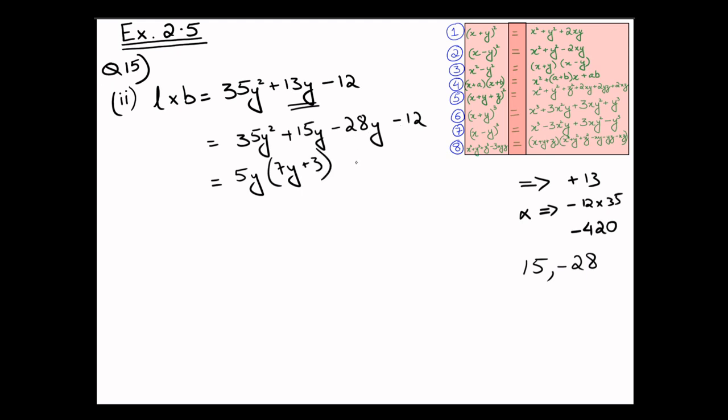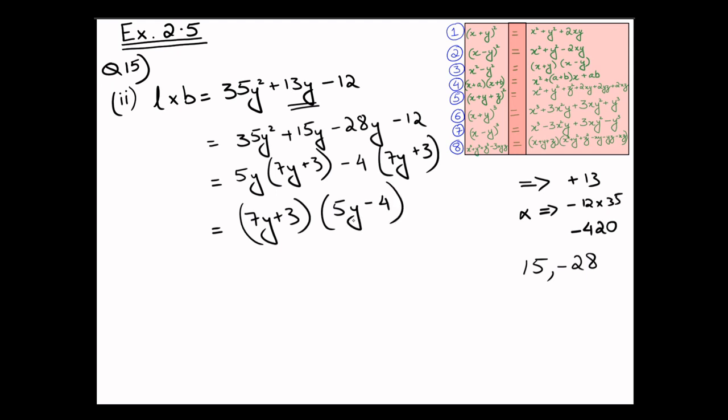From the third and fourth term, I take minus 4 common and I get 7y plus 3 again. From this entire equation, I can take 7y plus 3 as common and I'm left with 5y minus 4.